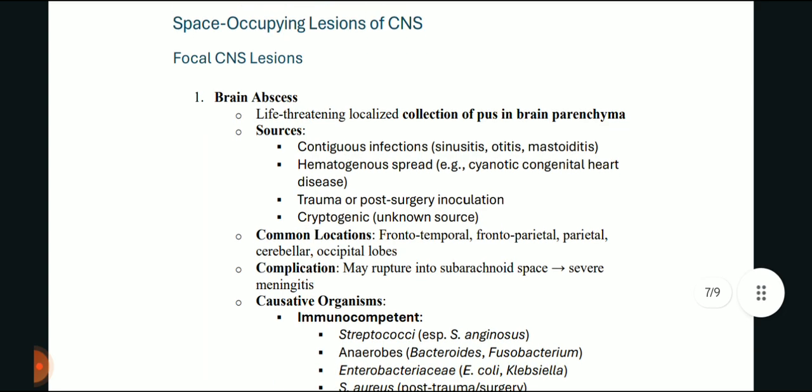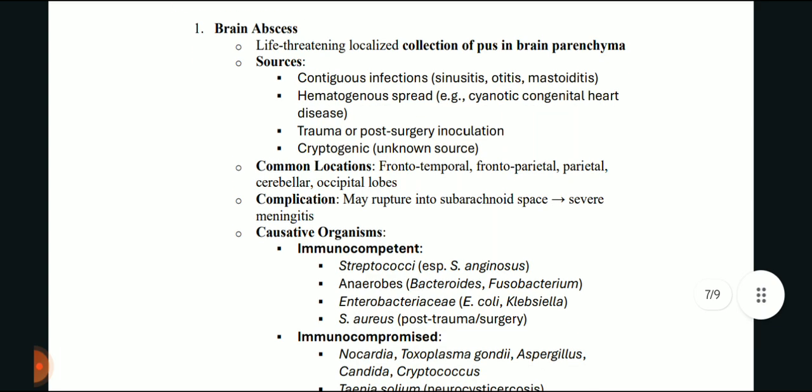Now, space occupying lesions of the CNS. There can be focal CNS lesions like brain abscess. It's a life-threatening localized collection of pus in brain parenchyma. The sources can be contiguous infection like sinusitis, otitis, mastoiditis. We know inner ear or middle ear infections can proceed to the brain and cause brain abscess or meningitis as well.